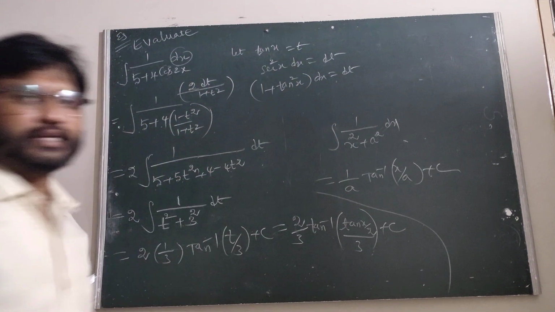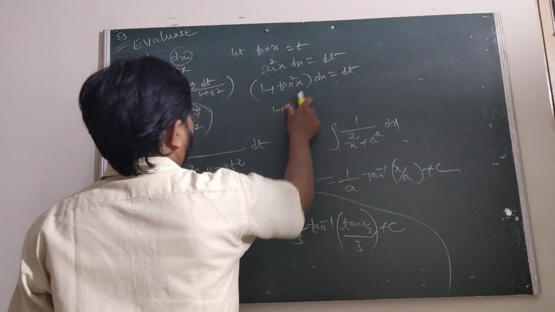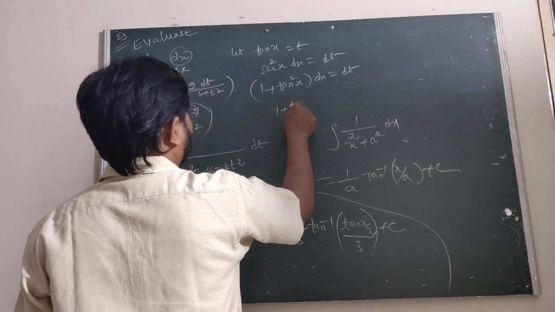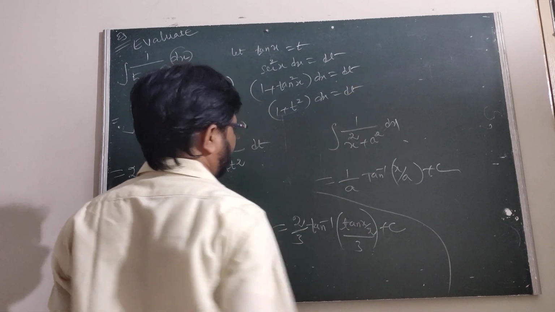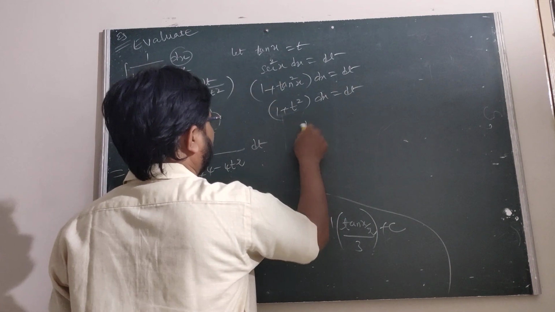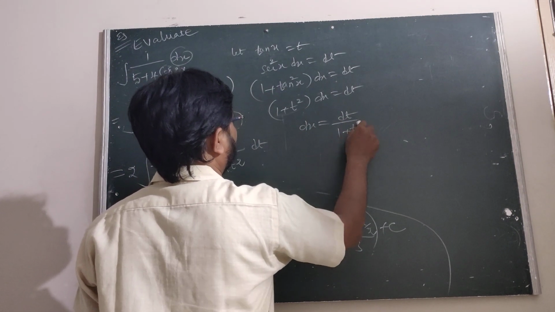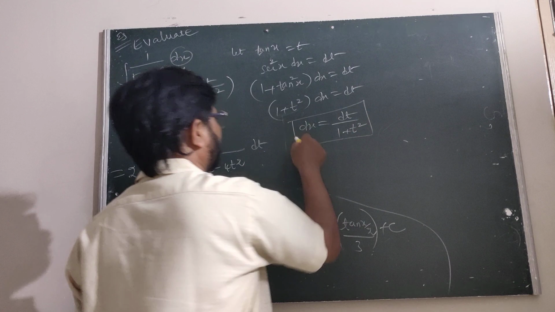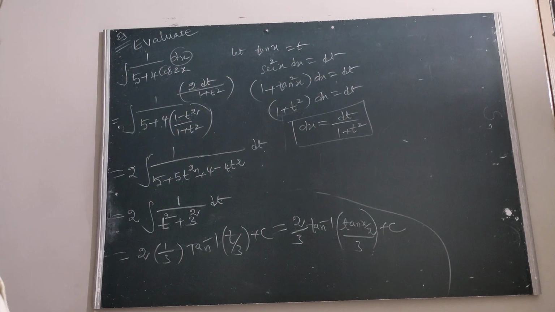Tan x we are taking as t, therefore we are getting 1 plus t square into dx equal to dt. Therefore we can write here dx equal to dt upon 1 plus t square.